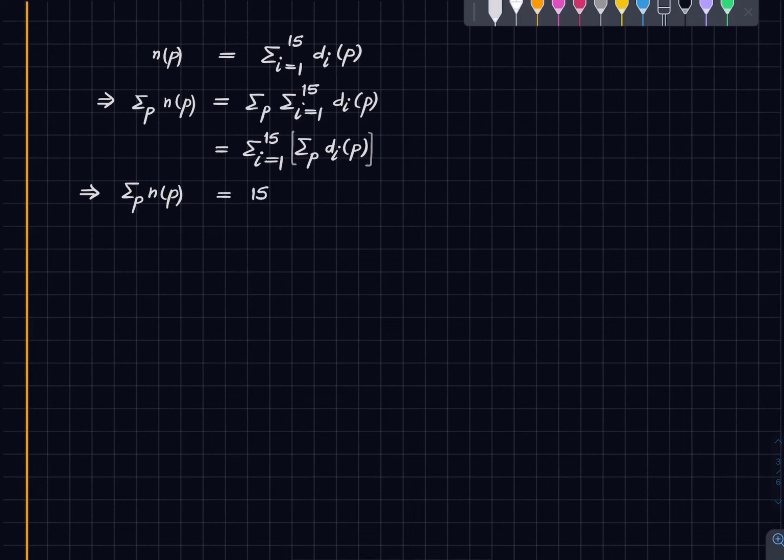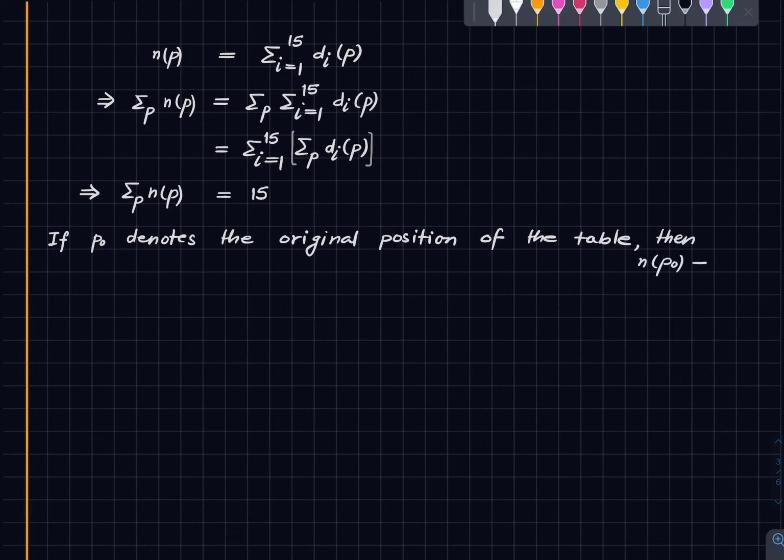Alright. But if P0 is the original position of the table, which is when none of the guests are correctly seated, then N(P0) is 0. So this equation we will write down in a separate way.